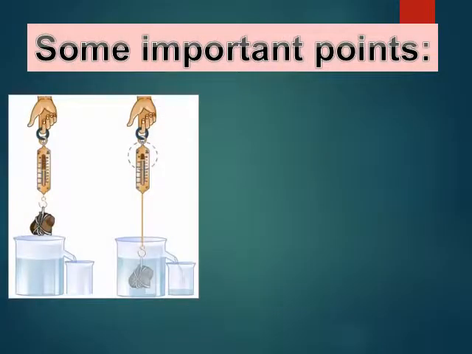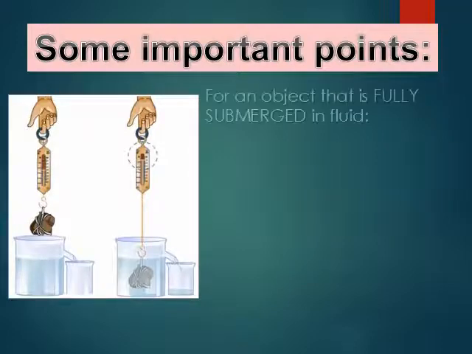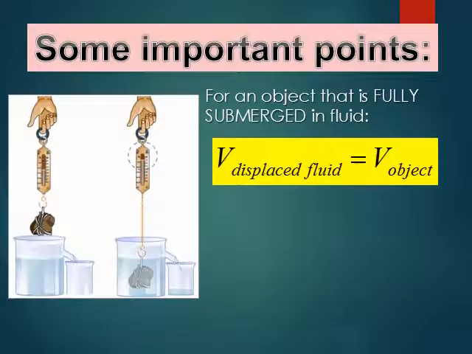So let's remember some important points that you need to consider when solving Archimedes principle. So for an object that is fully submerged, we can say that the volume of the displaced fluid is just equal to the volume of the object. Again, kapag fully submerged, ibig sabihin itong buong object na to is completely underwater.